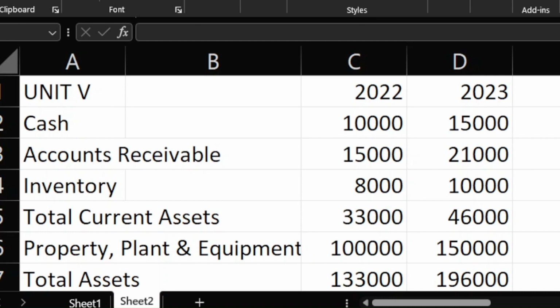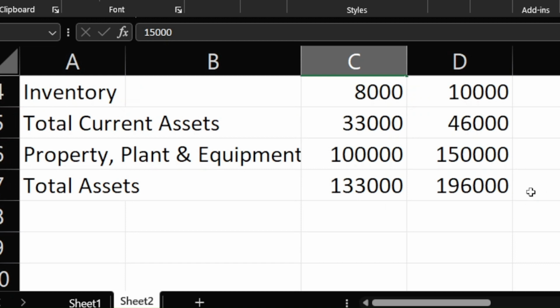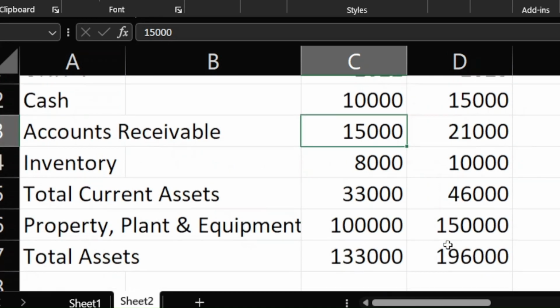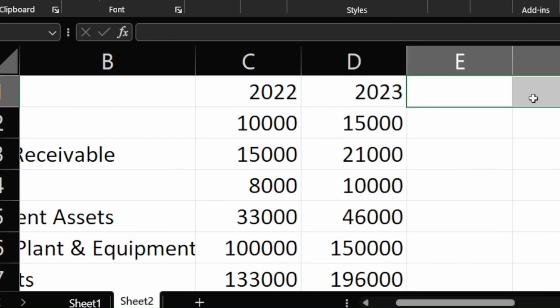Okay, let us see that. In common size, we make the total into 100, in terms of percentage. We will talk about those values.